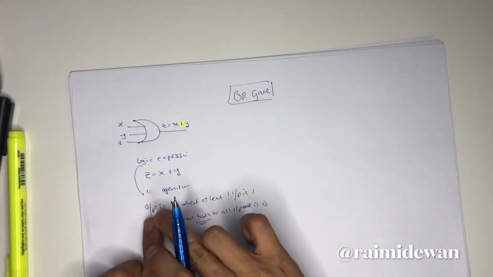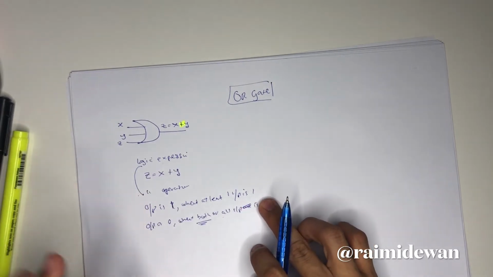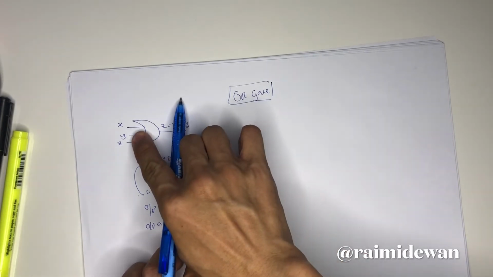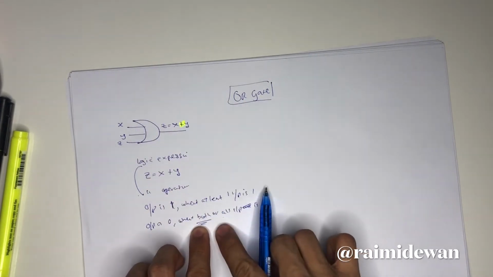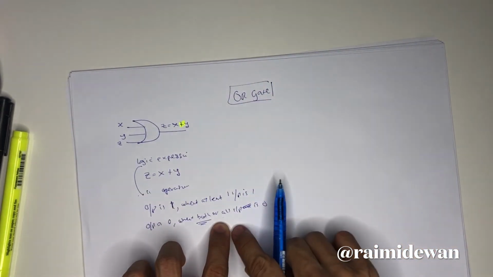Understand? Here it mentions that the output is 1 when at least one input is 1, and the output is 0 when both inputs for 2 inputs, or all inputs for more than 2 inputs, are 0.